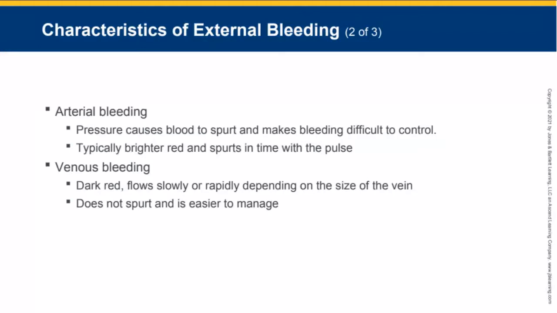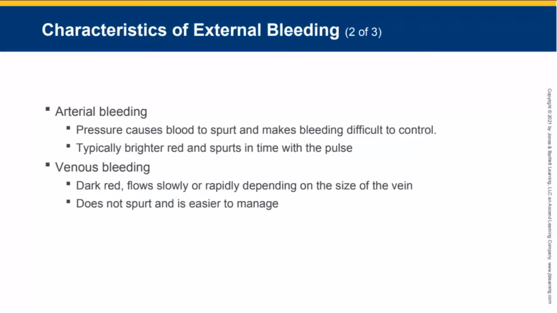And this makes this type of bleeding difficult to control. And because the arteries primarily carry oxygenated blood, this arterial bleeding is usually bright red.